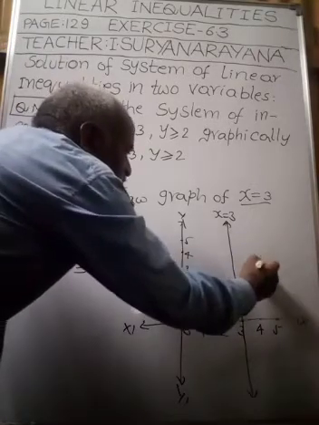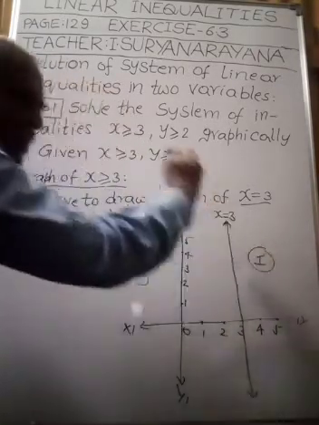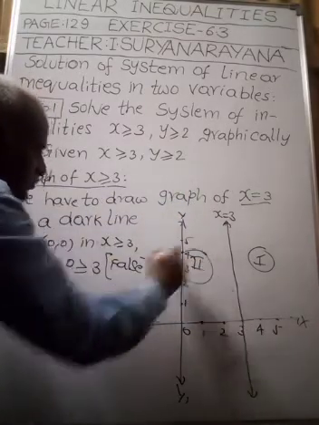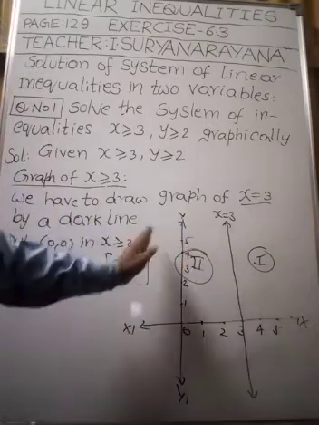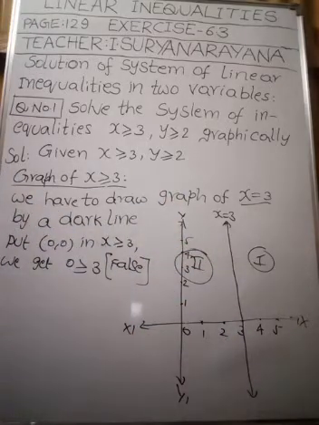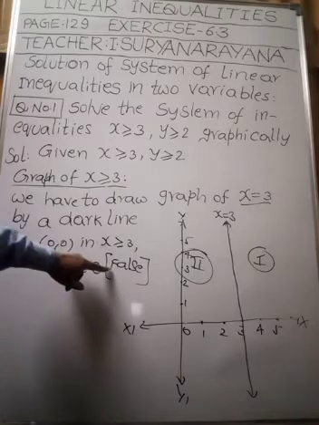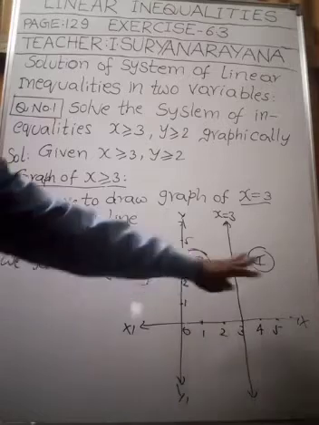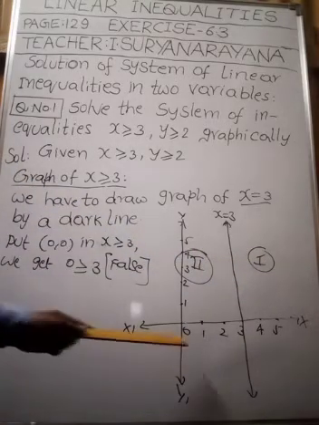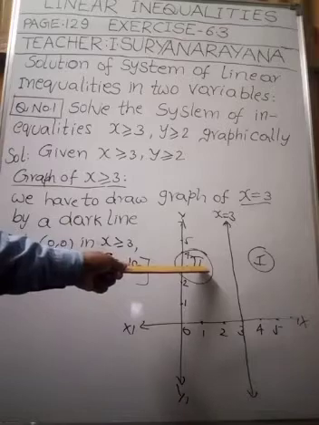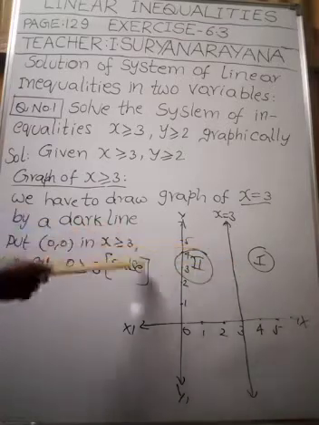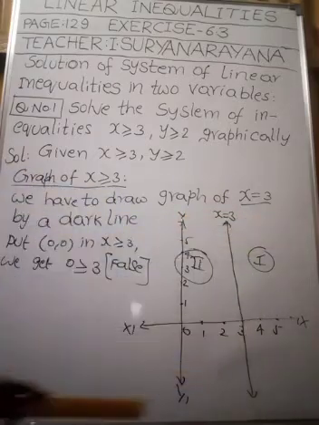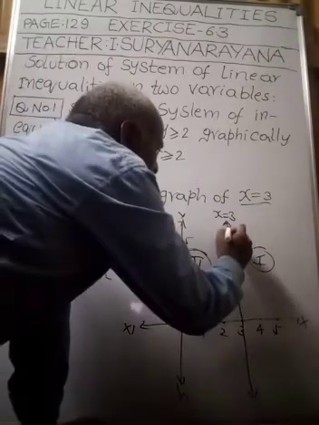The right side of the line is the first half plane, and the left side of the line x is equal to 3 is the second half plane. The origin 0, 0 lies in the second half plane. So we should not shade this region; we have to shade the other side. Understood this point? So like this.